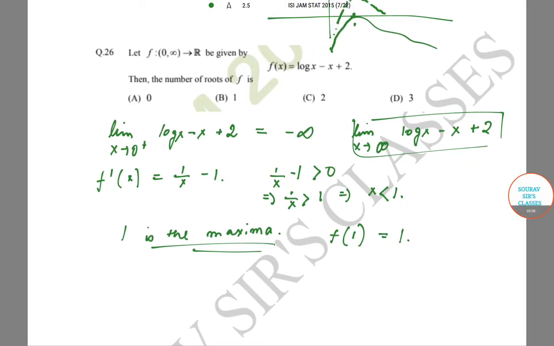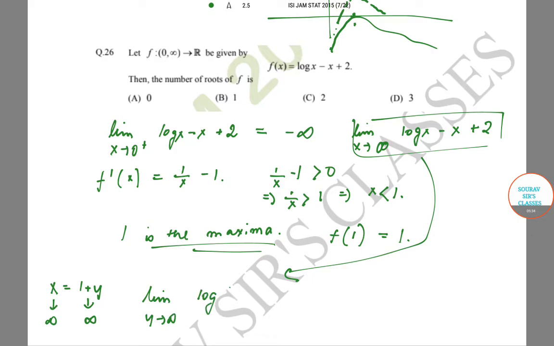So now here we just make this substitution. x is equal to 1 plus y, and so x goes to infinity implies y goes to infinity, and so this can also be written as limit as y goes to infinity of log(1 plus y) minus (1 plus y) plus 2.